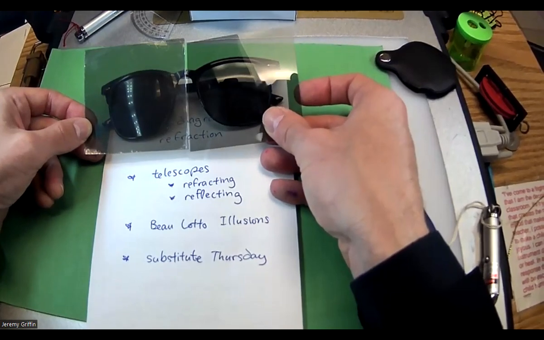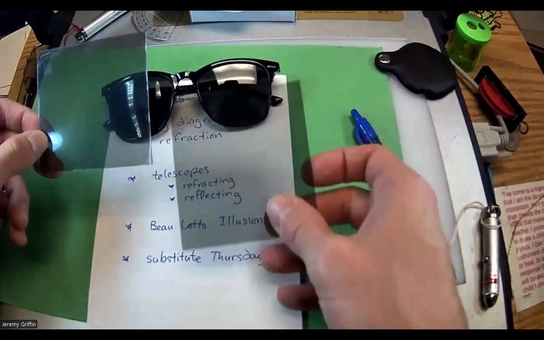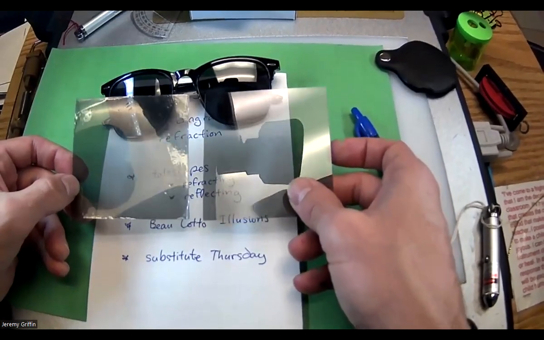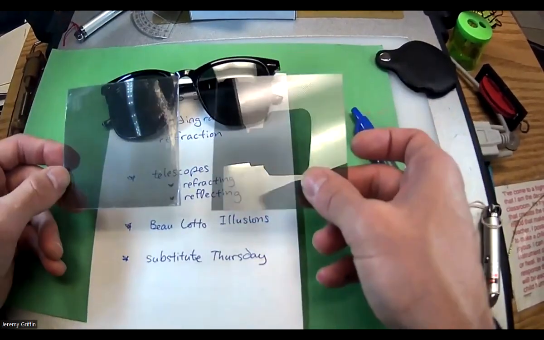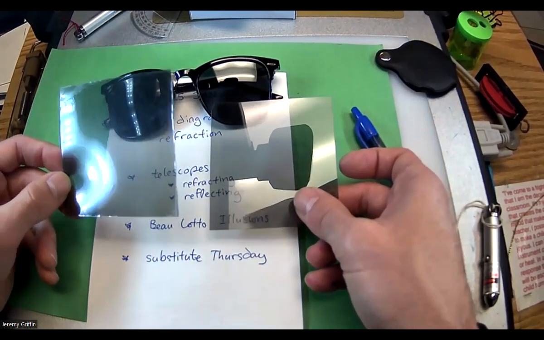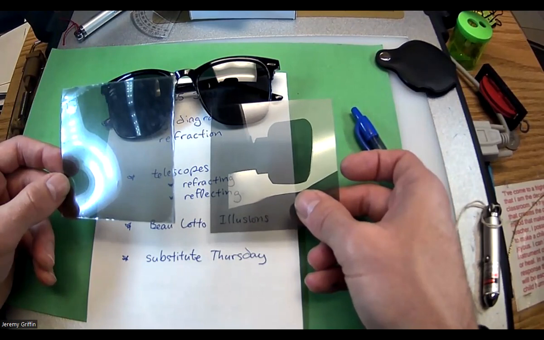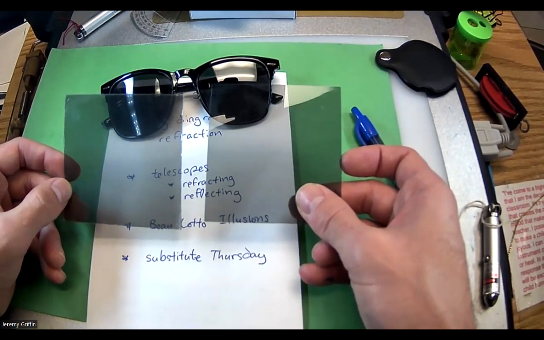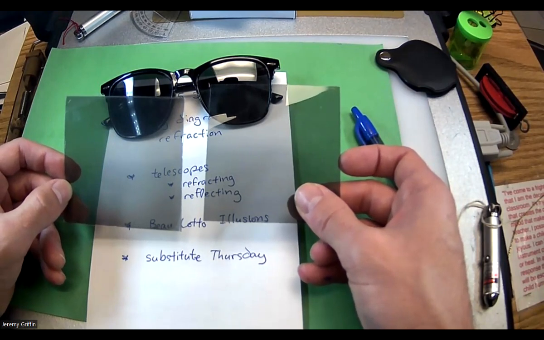So why would you want one horizontal and one vertical? What would that be useful for? Say I had each of these on the left eye and right eye. Why would you want a different image to go to your left eye versus your right eye? That would be really useful if you were watching a 3D movie.